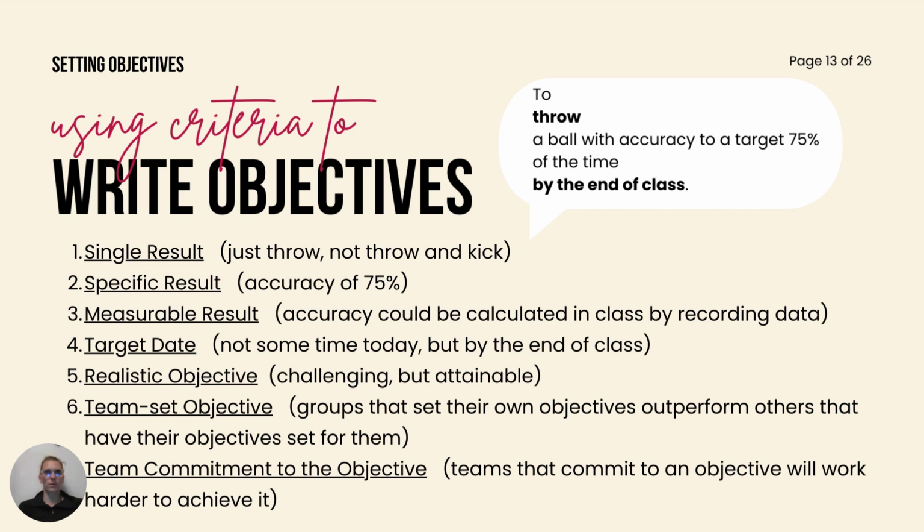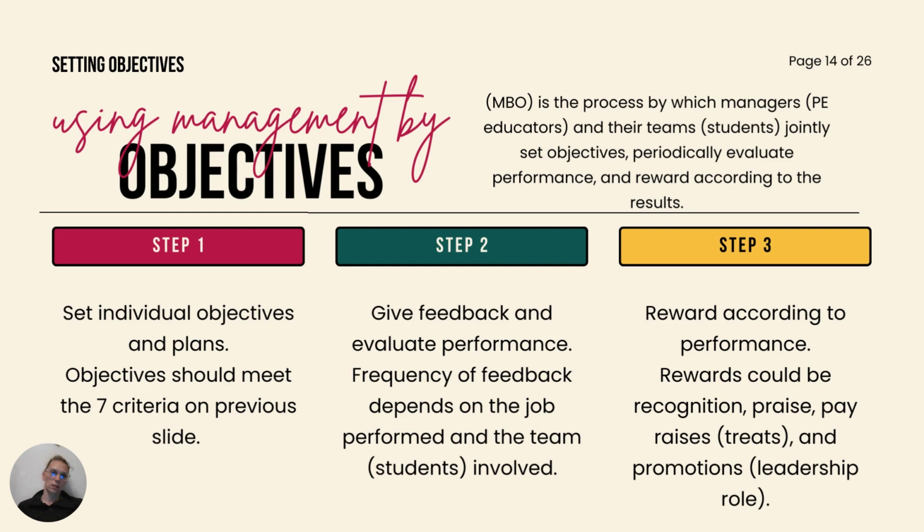It gives them some form of ownership over it. Team commitment, number 7. Team commitment to the objective. Teams that commit to an objective will work harder to achieve it. I believe that. Setting objectives, using management by objectives.